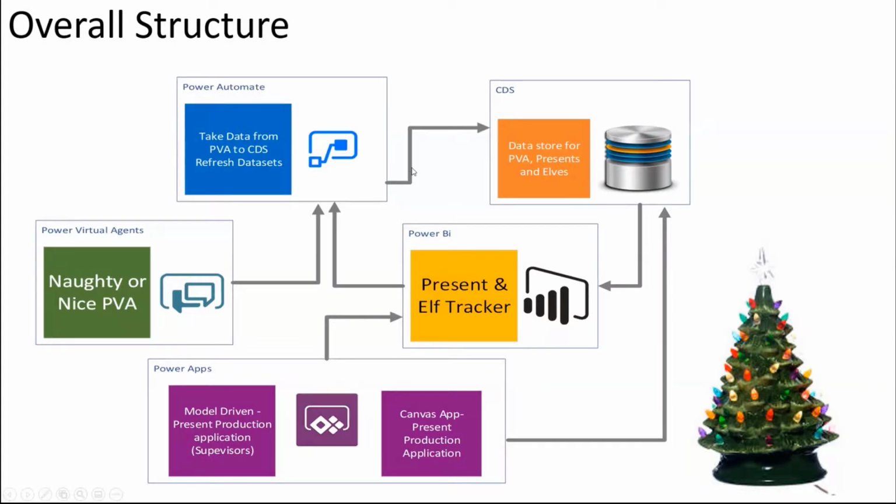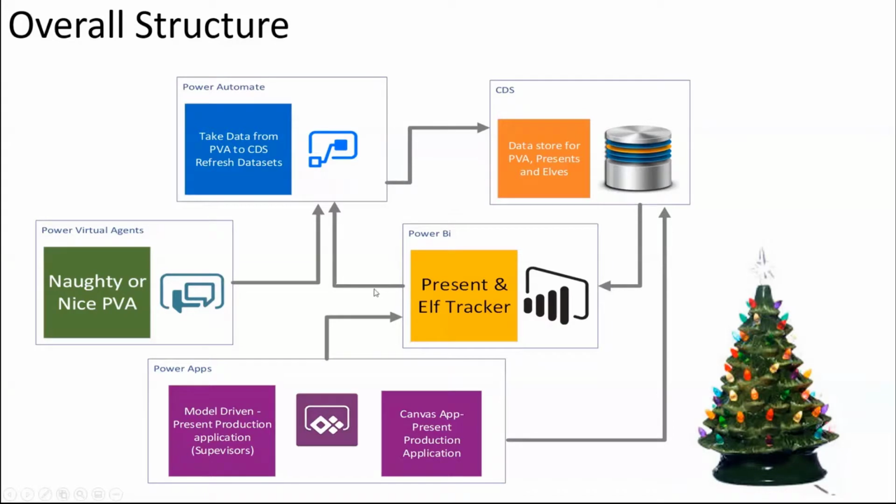We also then take the PVA to CDS. We also use Power Automate to do that, and as well as using Power Automate to do that, we're also using it to refresh our data sets. We have our naughty or nice PVA over here, and of course, we're feeding in information using Power Automate into our CDS. We then have our Power BI report, and that's taking data from CDS.